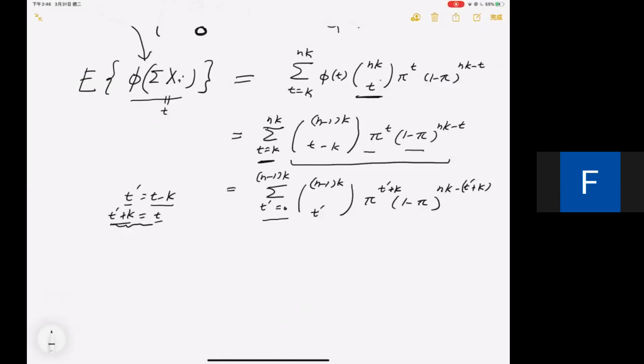Great. And this guy, (m minus 1)k choosing t prime? Yes, binomial.